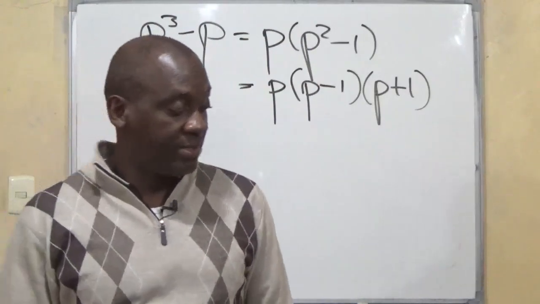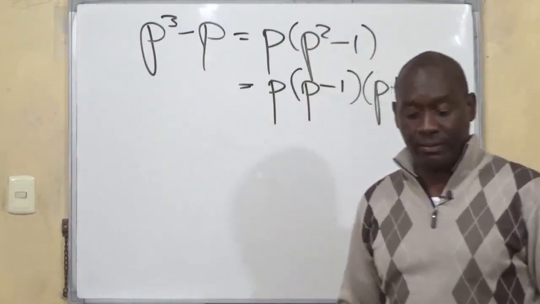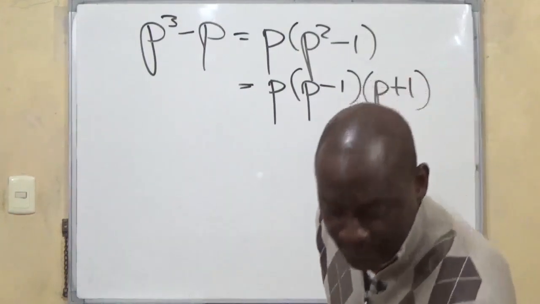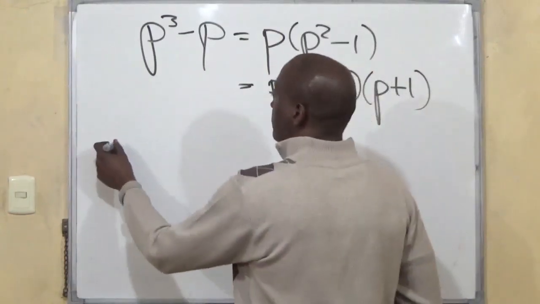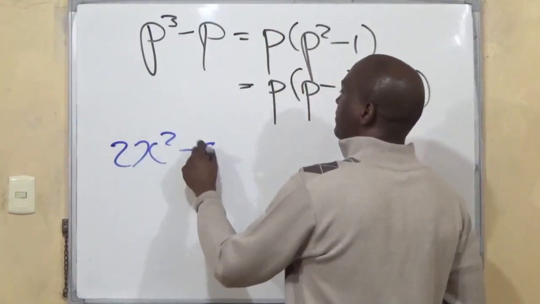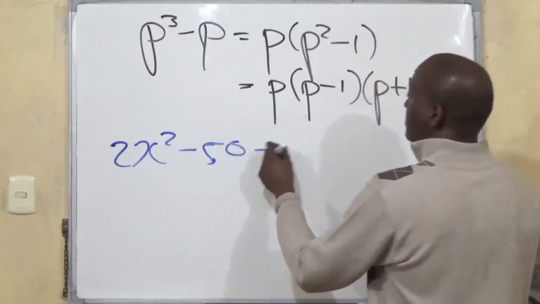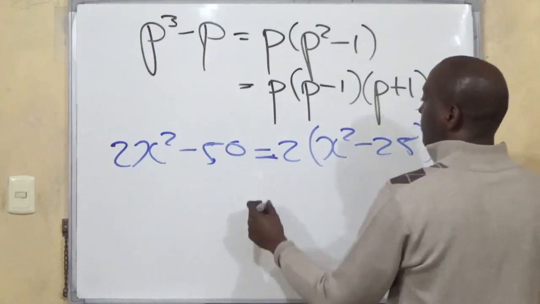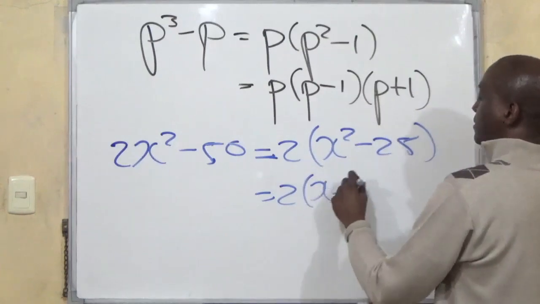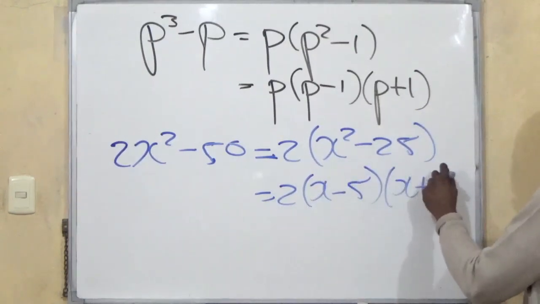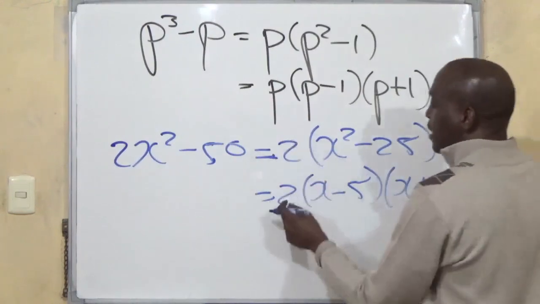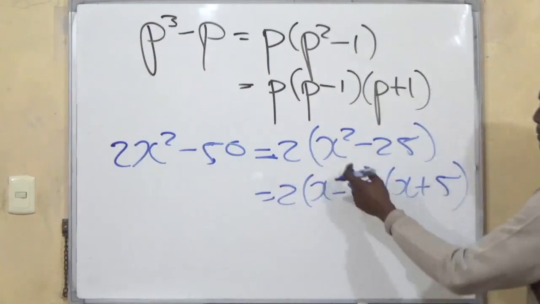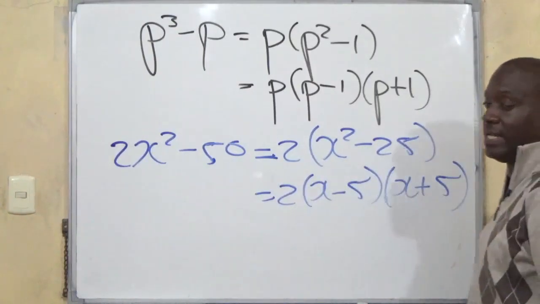27w squared minus 48v squared. And in the question that we did at the end of the last video, we had a situation like that, where I think it was 2x squared minus 50. When you factorize, you got 2 into x squared minus 25, which, when we factorize, you got 2 into x minus 5 into x plus 5. So in this case, you had a number as a common factor, which when you pull it out, leaves you with a difference of two squares inside the bracket.